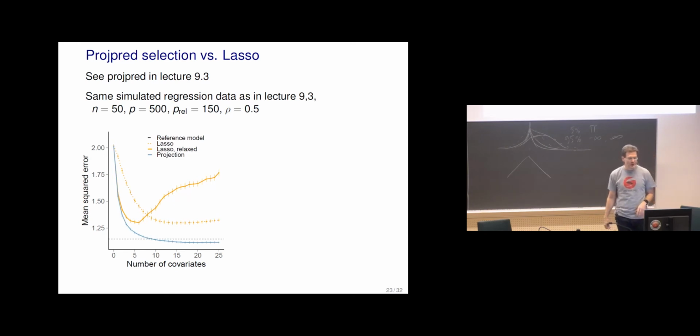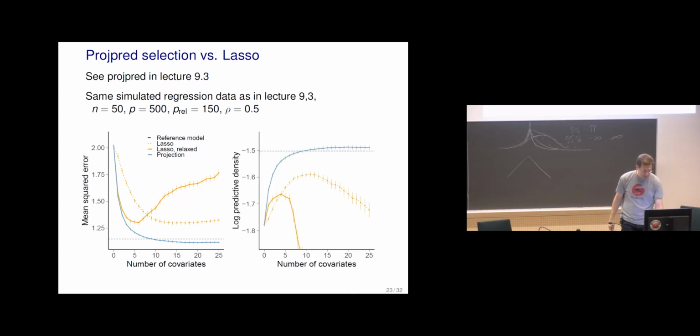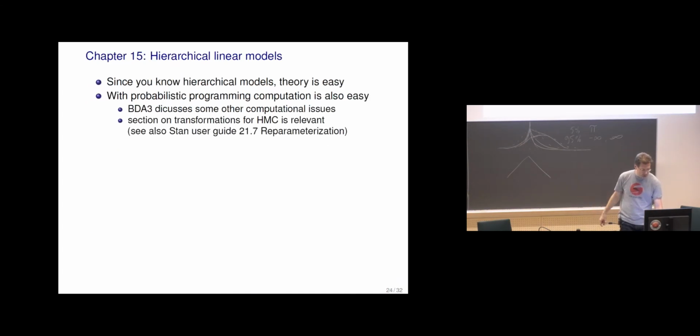And here's the projection predictive approach, which can reach the performance of the full model, and it's just by chance that it can go also below. But anyway, we can get much better results using Bayesian inference to first make a sensible full model, using good priors, and then doing the decision task separately. Just the log predictive density plot there too.